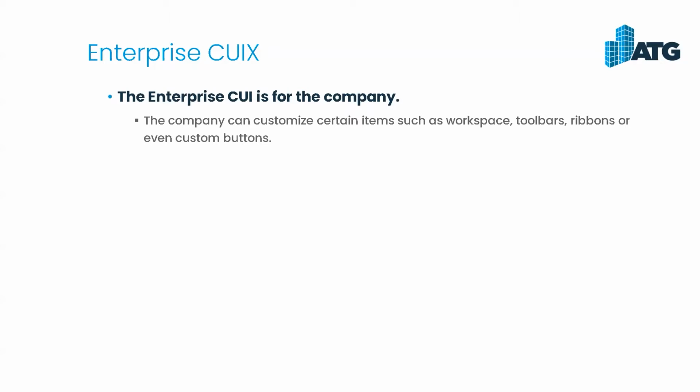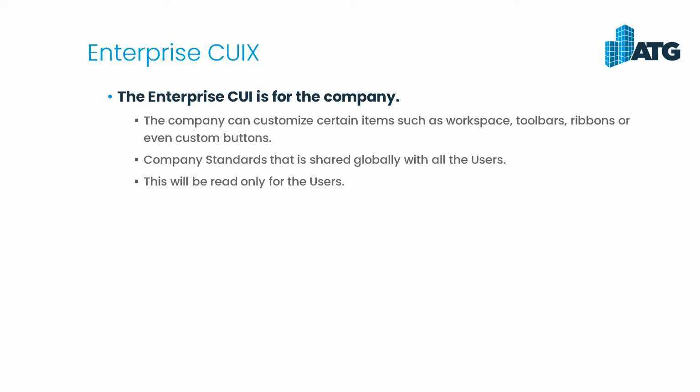I used to work at a company that had a lot of custom buttons, and so this was definitely in the enterprise CUI part. This is shared globally with the user. So if you have a good local deployment, you can have your settings here for the CUI to be shared out globally, so you don't have to go through and do it for each individual user.